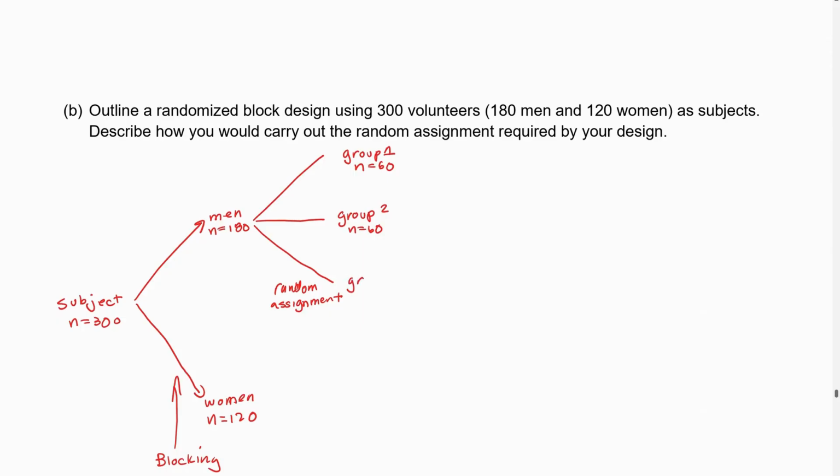And how many go into group 3? That would be 60 as well. And what happens to them? Well, this group sees advertisement number 1. This group sees advertisement number 2. And this group sees advertisement number 3. And then when we're done, amongst all the men, we can compare results.